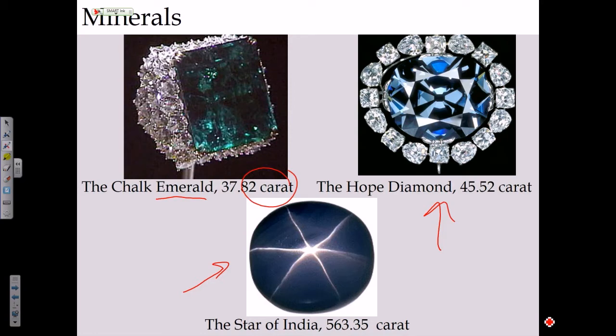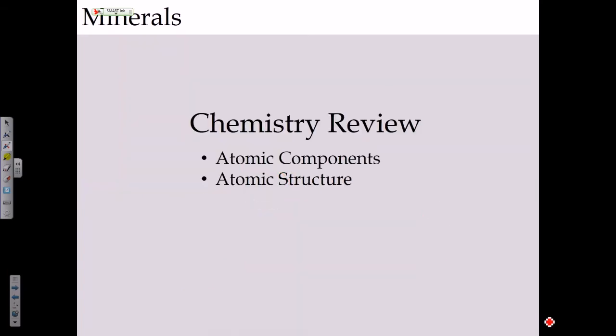Diamond doesn't have an equivalent mineral name. Diamond is just diamond, but there are industrial grade diamonds which lack the carat weight, the color, the clarity, and the cut to be of any significant value as jewelry. Okay? All of these things are minerals that we're interested in thinking about how they're organized.